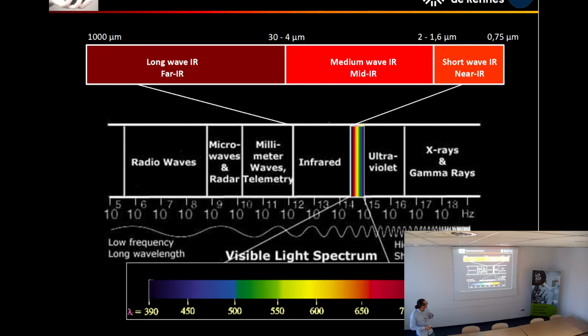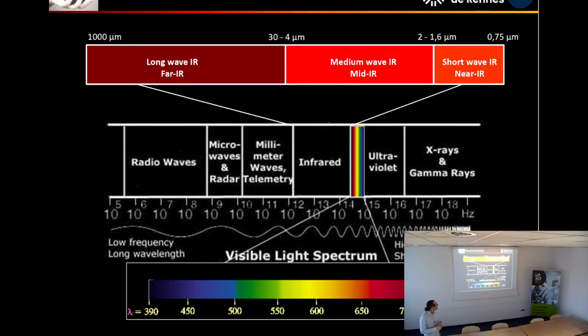Okay. So when we speak about chalcogenide glass, we have to define different ranges of the electromagnetic spectrum.